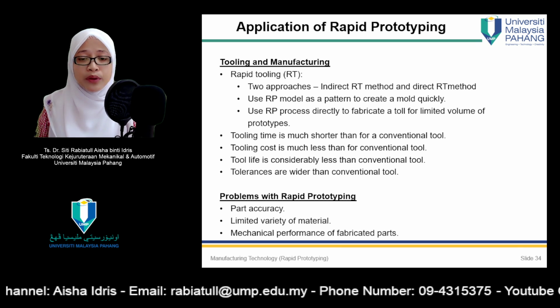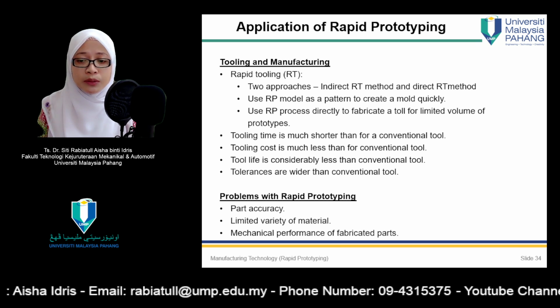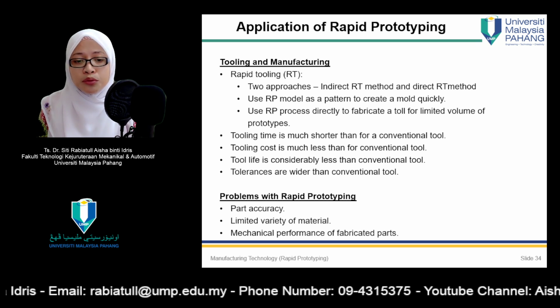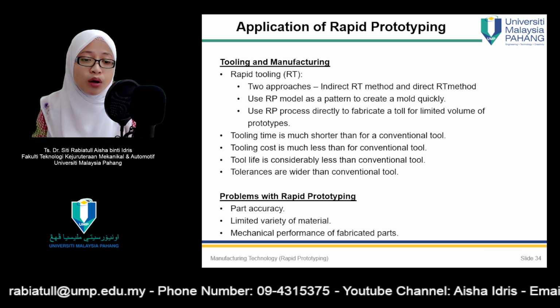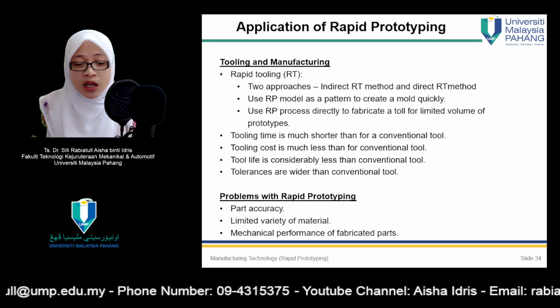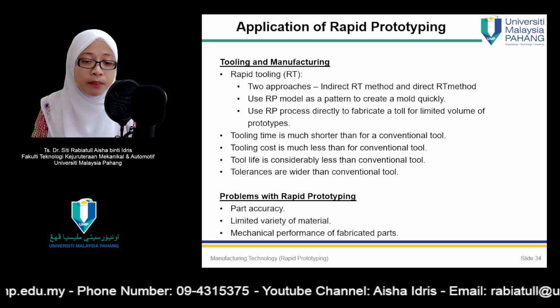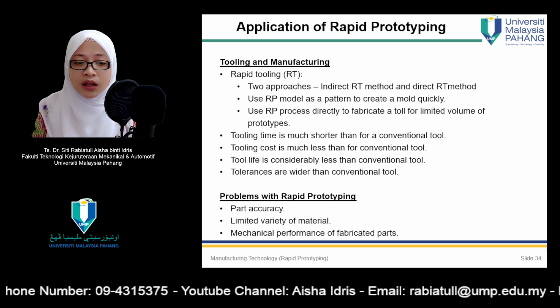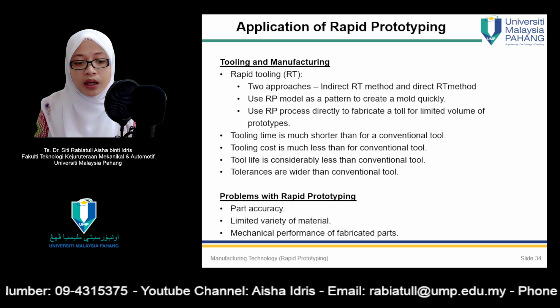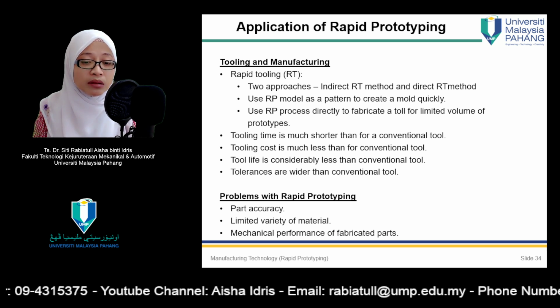Principal problems with current RP technologies include number one, part accuracy, number two, limited variety of materials, and number three, mechanical performance of the fabricated part. Several sources of error limit part accuracy in RP systems, including mathematical, process-related, and material-related.